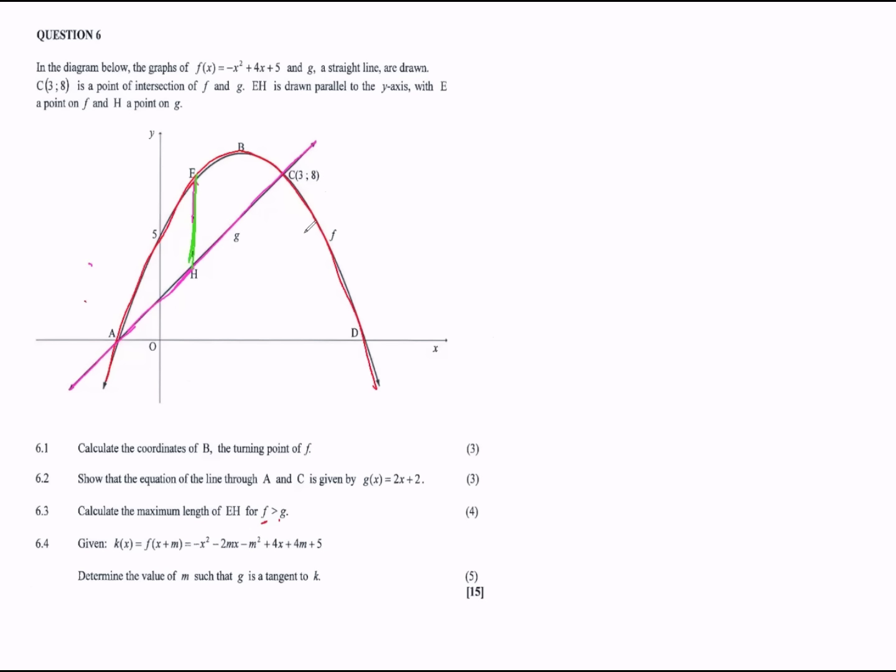Then what we are going to say is, if we wanted to find EH, we understand that for the vertical distance, I've taught that you must say y at the top minus y at the bottom, right?